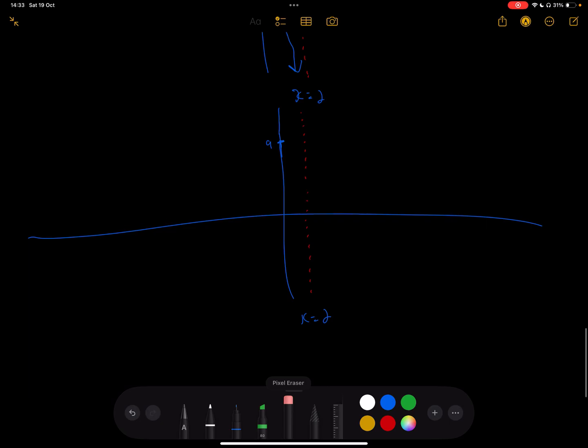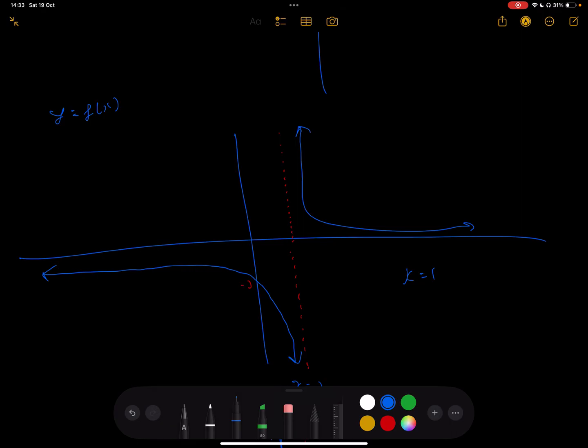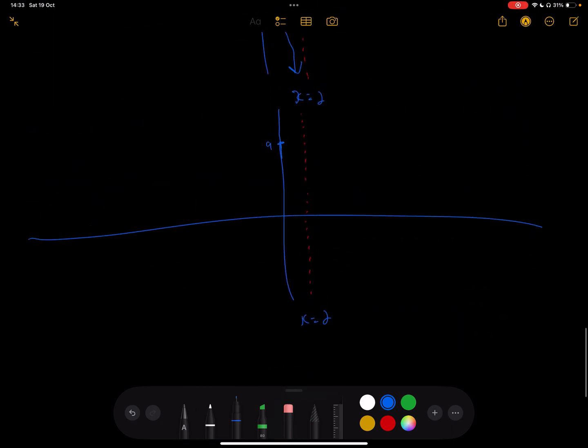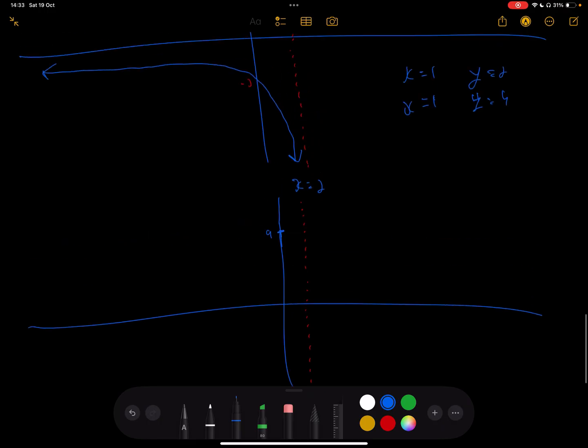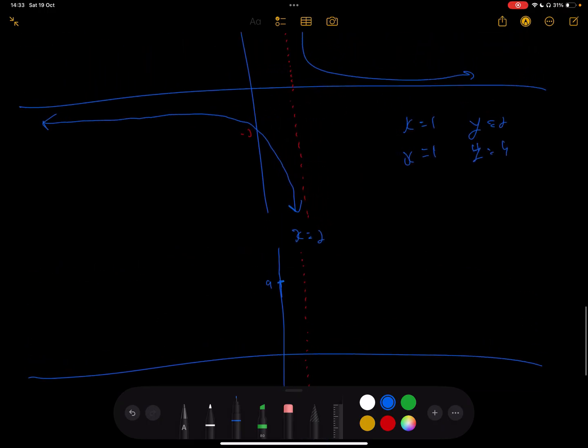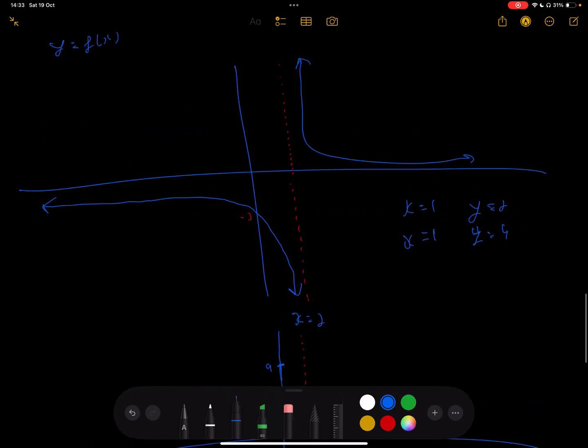For example, at x equal to 1, y could be equal to 2. But now for the graph of f of x squared, x is equal to 1 is now y is equal to 4, right? These are the corresponding values. Therefore, the curve is going to be steeper. There's a greater change in y, a great change in rise over run. So a great change in y over x, where y is now bigger, so therefore the gradient will also be bigger.